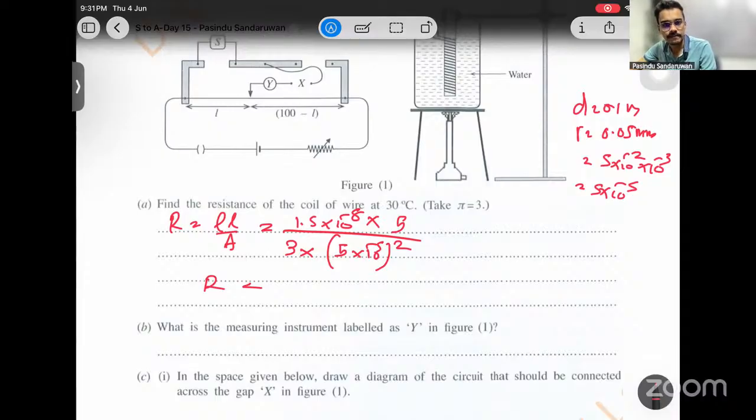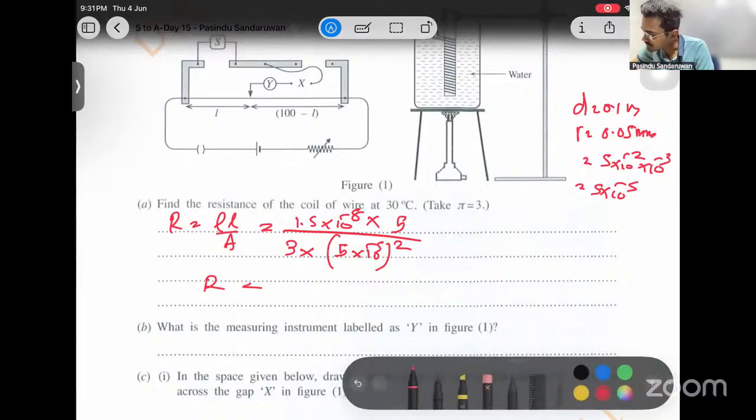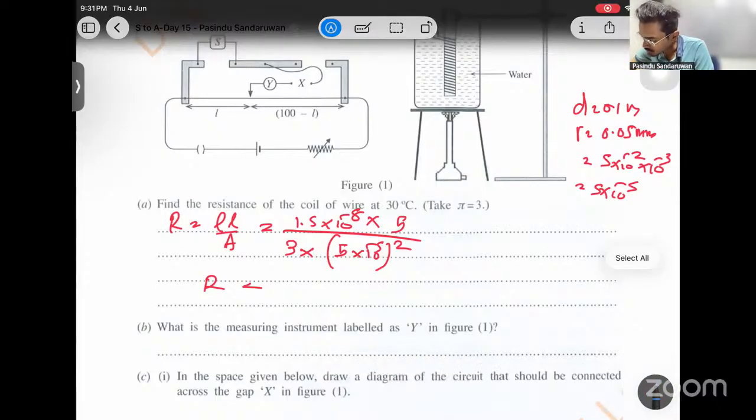Then simplify. This is 1.5 times 2, right?